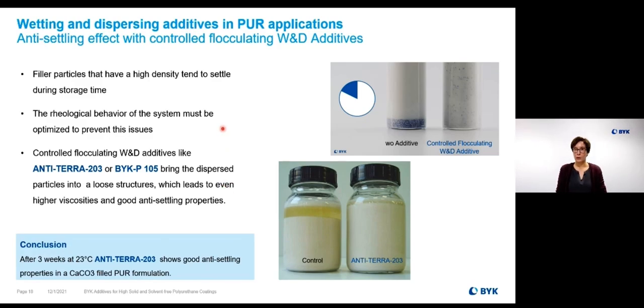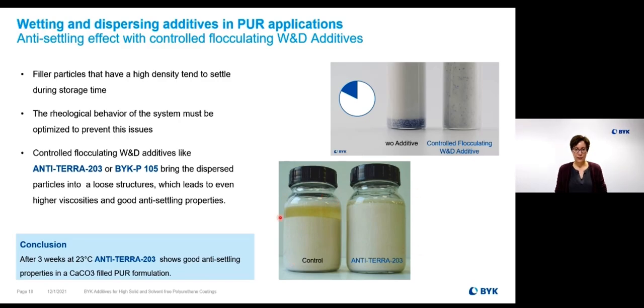Besides the deflocculating wetting and dispersing additives, there are also controlled flocculating additives available in our product portfolio. With these additives, the focus is not on viscosity reduction, but on storage stability or on anti-settling. Here we have again the example of calcium carbonate. You see it here in this picture, the two bottles.